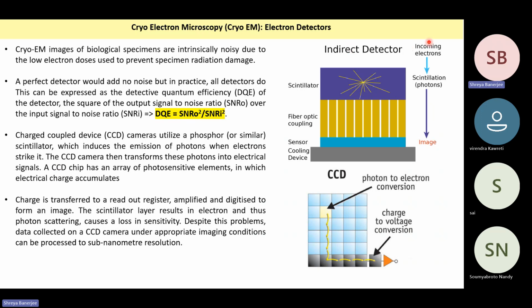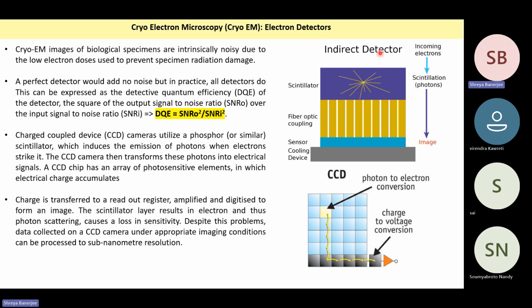So basically what happens, you have electrons, and they pass through the sample and hit the detector, in the detector photons are produced, and these photons are transformed into electrical signals, and finally an image is obtained. So in charge coupled devices, you can have two kinds of detector.